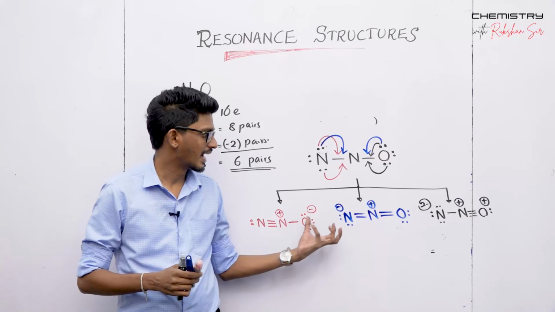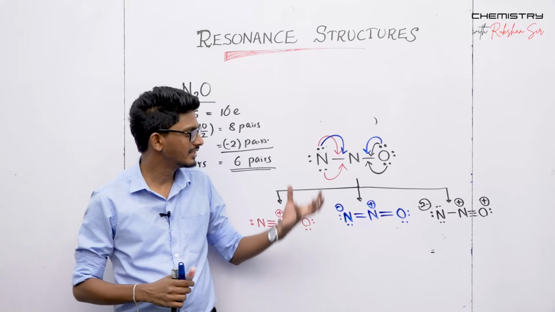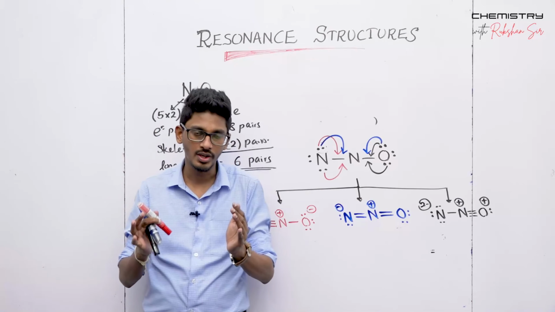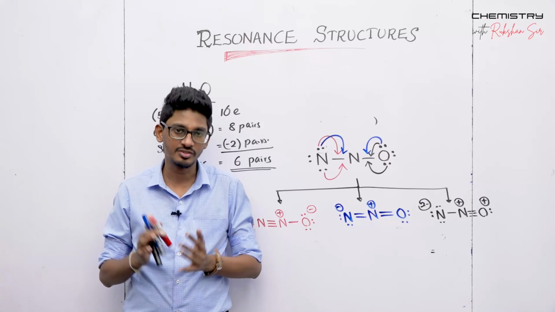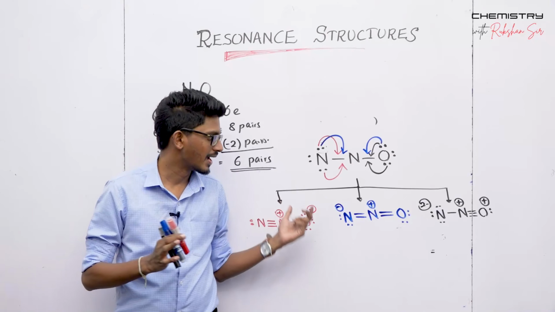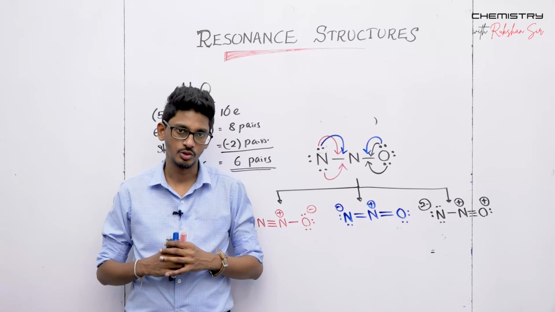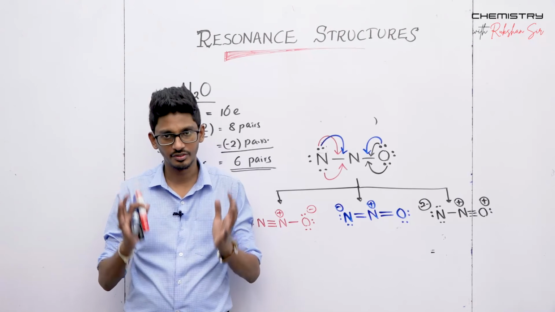Now we have already written 3 acceptable Lewis structures. If you can draw more than one acceptable Lewis structure for a given skeleton, then we refer to them as resonance structures. That is the definition. What are resonance structures?